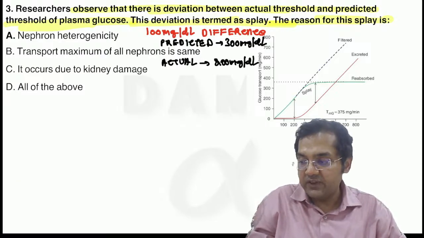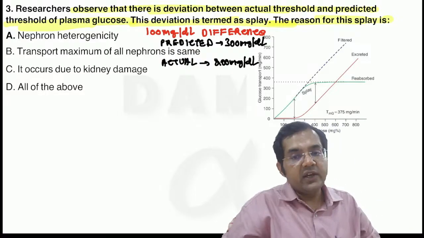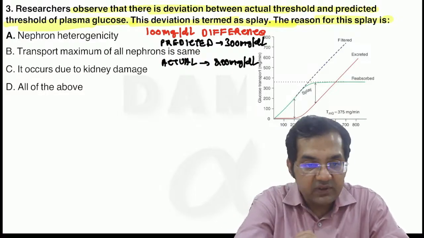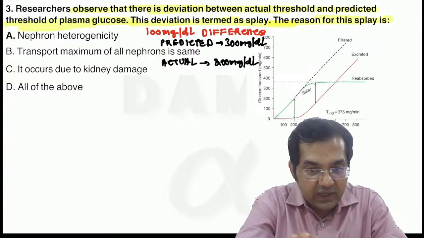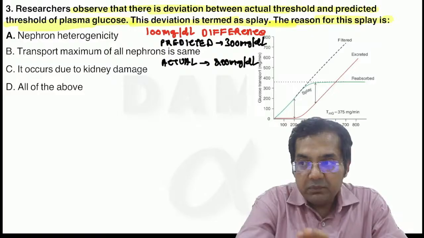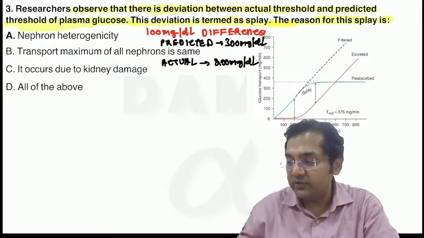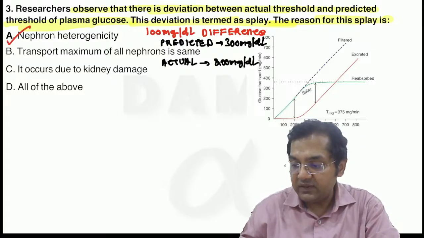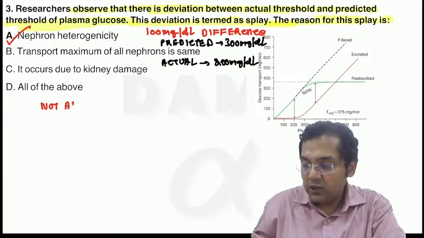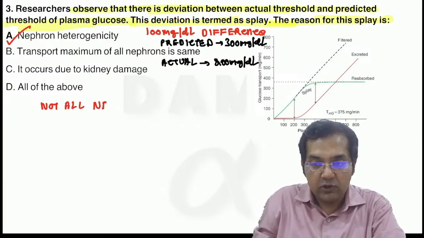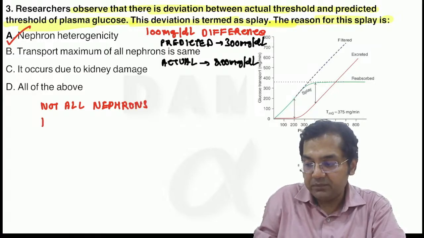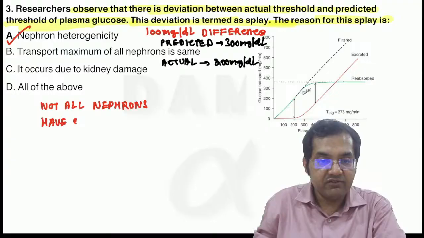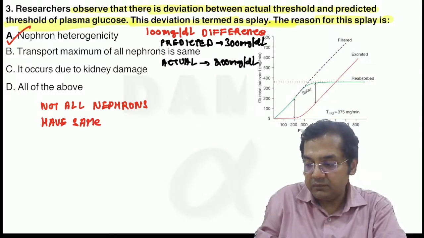Why is this occurring? Because we have done a wrong assumption that all the nephrons have the same Tmax, that they are homogeneous, but actually they are not homogeneous, they are heterogeneous. That means the answer is nephron heterogeneity. Not all nephrons have the same Tmax.